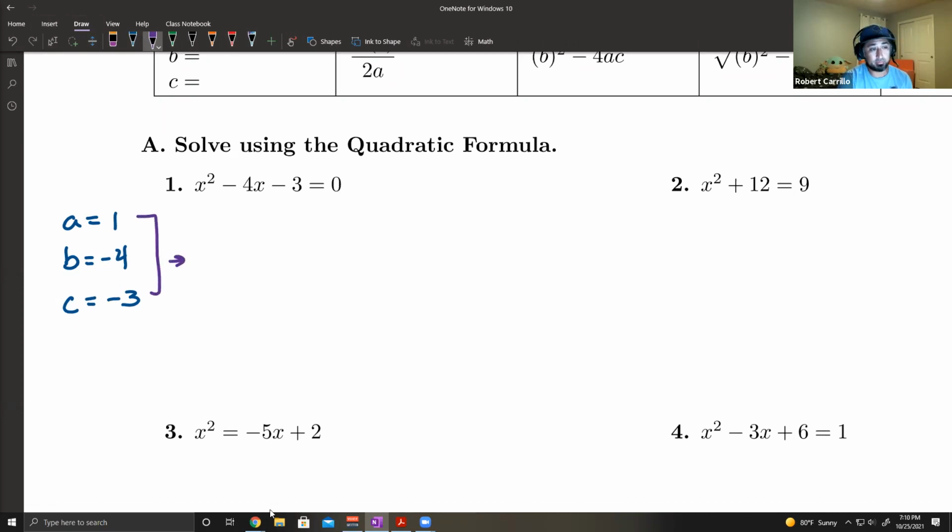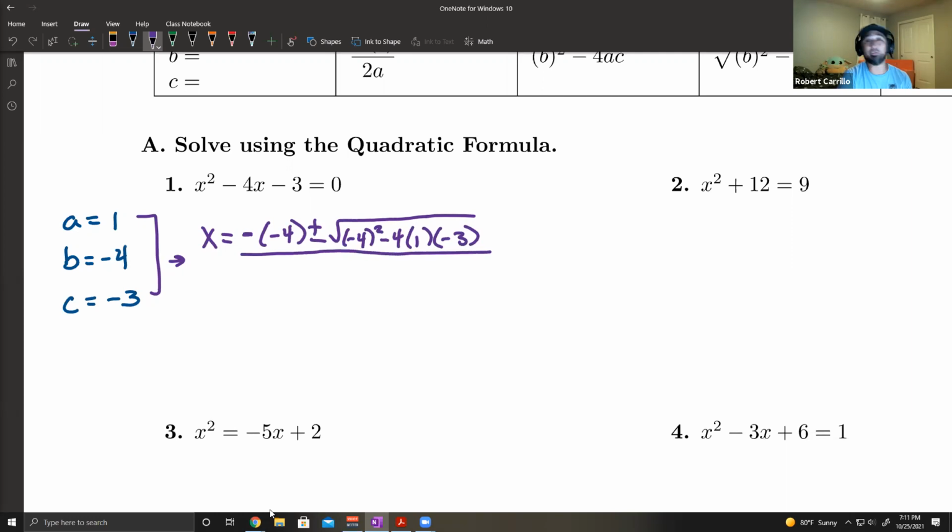So here we go. x equals negative b plus or minus the square root of b squared minus 4 times a times c, all over 2 times a. There you go. If you know a, b, and c, you can just plug everything in.